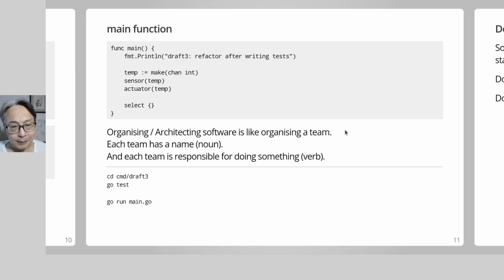I did that because organizing or architecting software is very much like organizing a team. Imagine a soccer team. You have goalkeeper, you have striker, you have defender. These are nouns, these are names. So each team member has a name, and each team member is responsible for doing something.